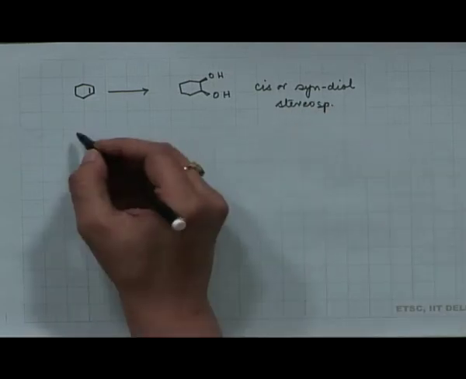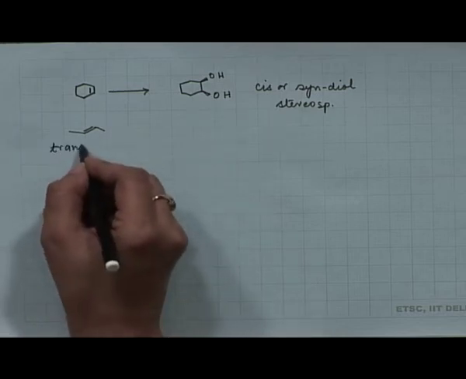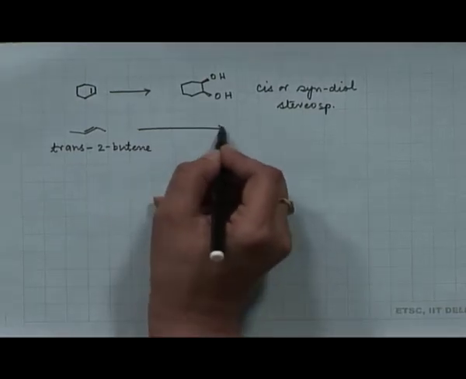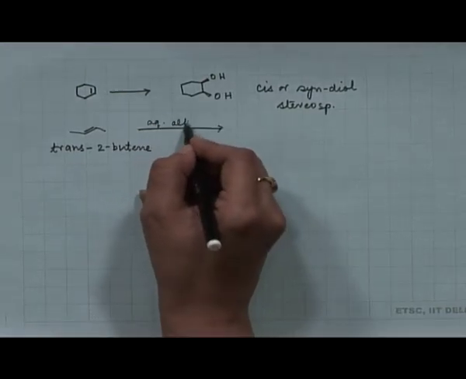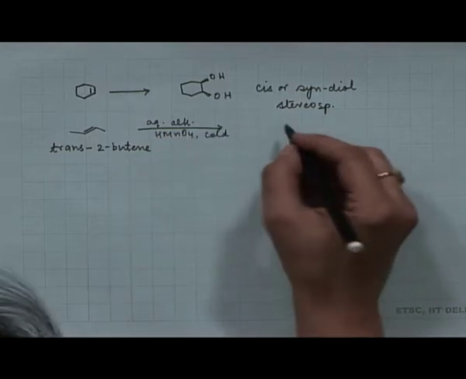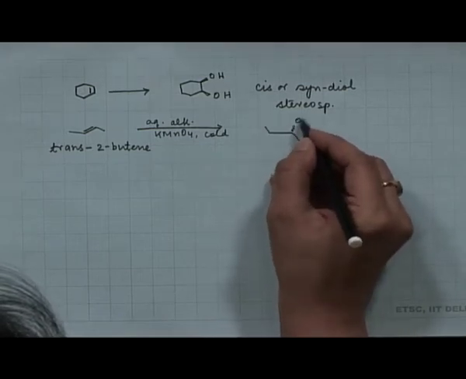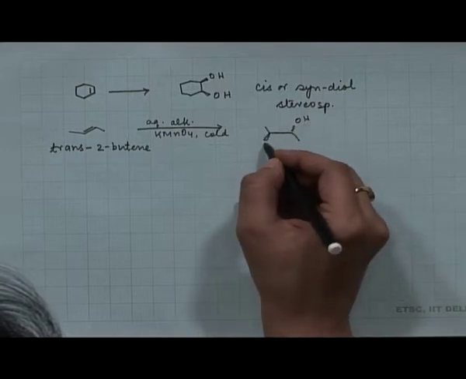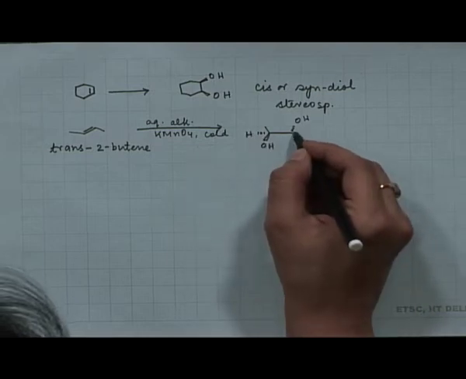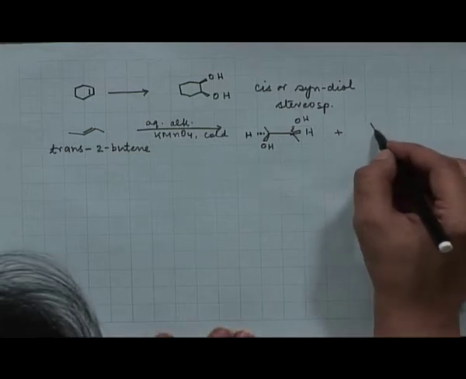If you start with a butene, let us say a trans 2-butene, and you subject it to aqueous alkaline KMnO4 solution, you get a diol which is again a syn diol, which means that both the hydroxyls are adding from the same side of the double bond, which could either be above the plane or below the plane.